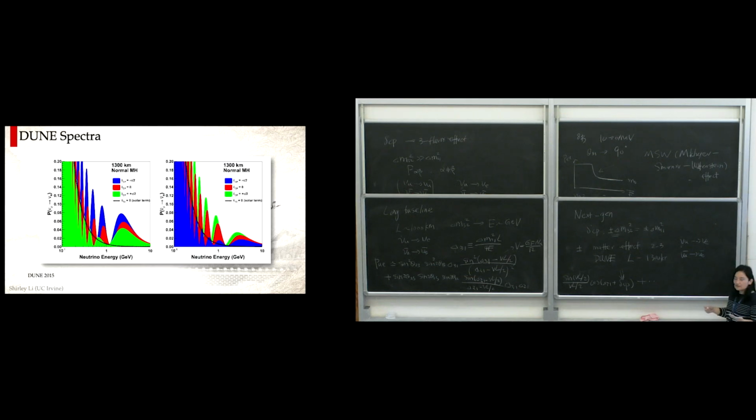But actually, because there's matter effect, technically this is nu mu going to nu e in the electron background. So technically the CP conjugate would be nu mu bar going to nu e bar in a positron background. So you're right, there is that difference from the matter effect. So in order to fish out this delta CP, you do have to break the degeneracy between the difference from CP and from the matter effect. That's totally correct.